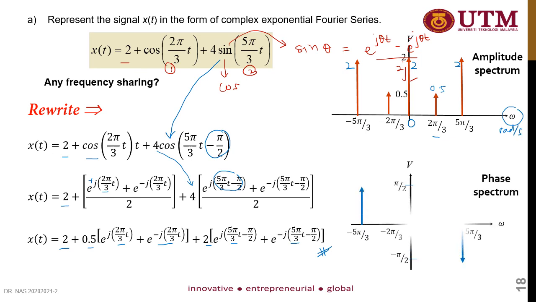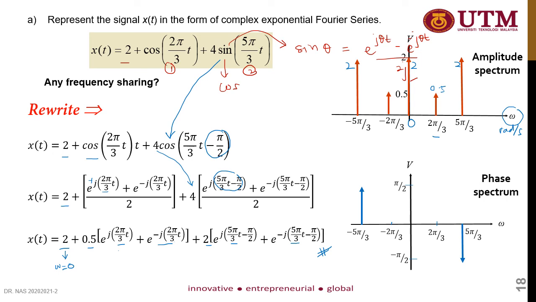Okay, next is the phase spectrum. Look at the first one. This is 0 when omega equal to 0. So there's no phase shift, so it's 0 here. And then when omega equal to positive 2 pi over 3, and negative 2 pi over 3, there's no phase shift, also 0.